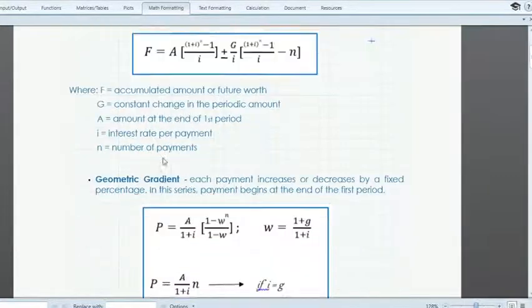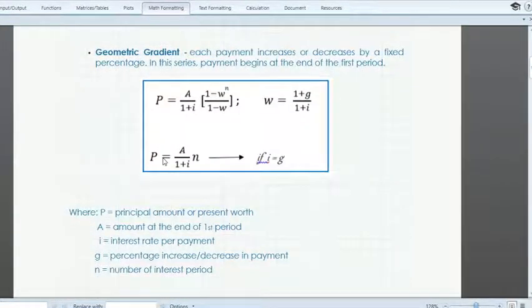So, ngayon naman is yung geometric gradient natin. So, geometric gradient, each payment increases or decreases, kasi nga, di ba, yun yung definition ni gradient, by a fixed percentage. So, kanina, constant amount. So, dito naman kay geometric, fixed percentage. When we say percentage, naka-percent.